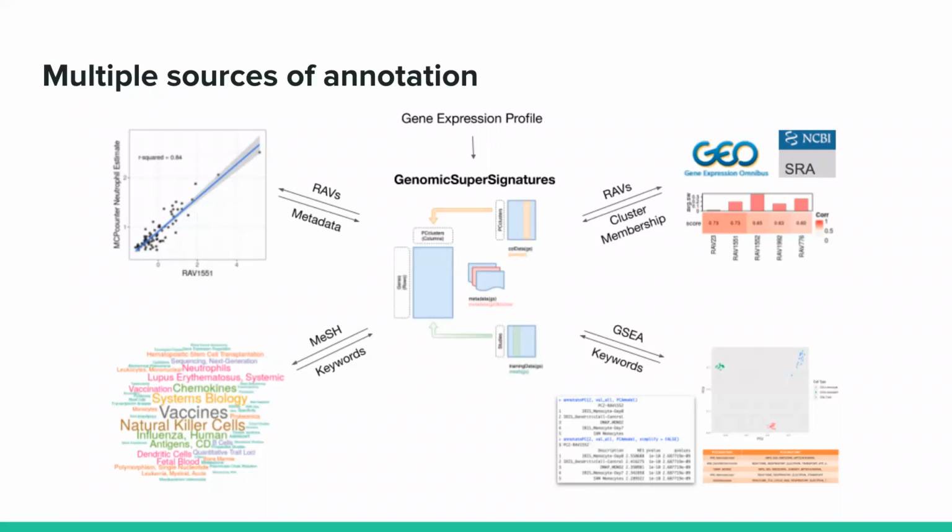So we know which data sets and which principal components contributed to that RAV. They were part of the cluster that created it. And every one of those studies comes from PubMed and has these medical subject headings. So those are pre-existing annotations that are in this pre-built model.